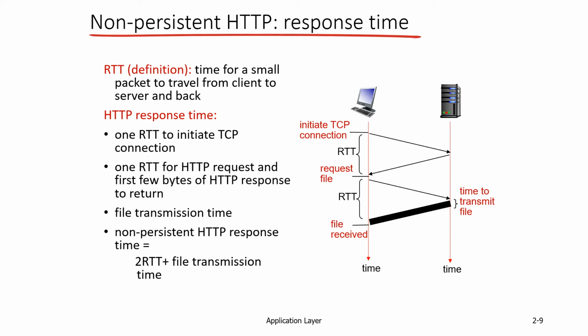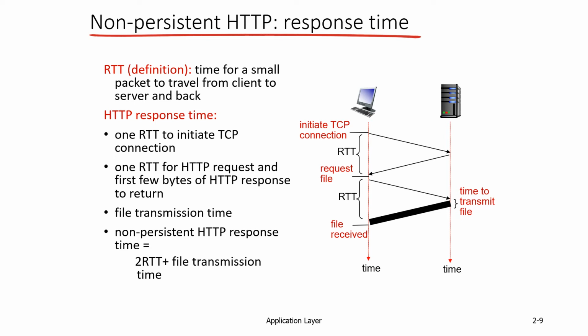It is going to basically determine the latency of the connection and the amount of time it takes to retrieve each of the individual objects which are embedded on that particular web page. So the total file transmission time is going to depend on the round trip time multiplied as many times as you have the number of objects.